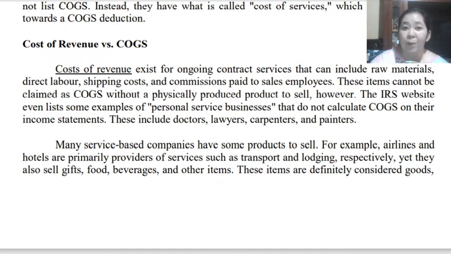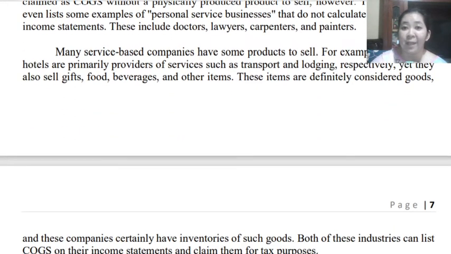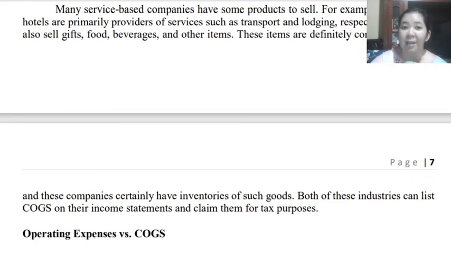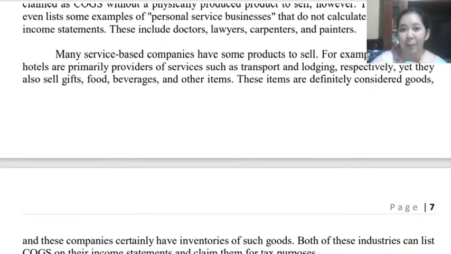Yet they also sell gifts, food, beverages, and other items along with it. These items will definitely be considered goods, and these companies will have inventories for such goods. Because of that, both of these industries can list cost of goods sold on their income statement and claim it for tax purposes.